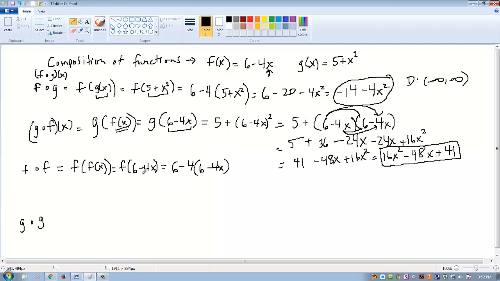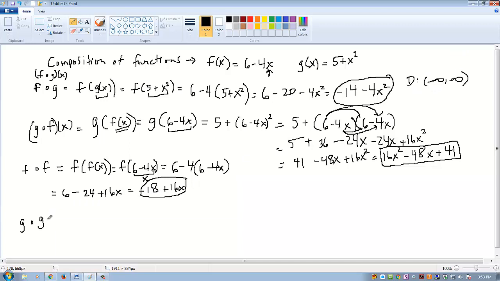Remember that this goes in everywhere there's an x, and the only place there's an x is right here. So I have 6 minus 24 plus 16x, and that's going to be negative 18 plus 16x. And again, the domain is all reals because there's no problem points.